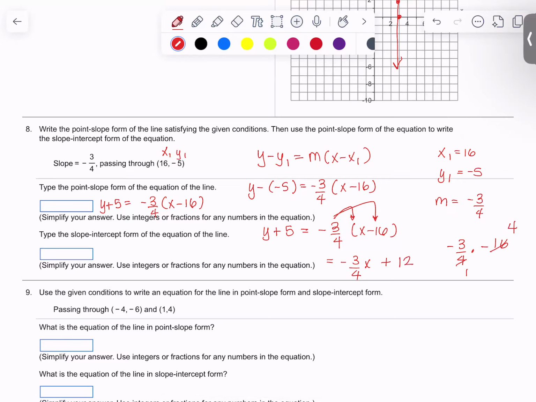So that's going to be plus 12. So y plus 5 is -3/4 x plus 12. We're going to subtract the 5 from both sides. And we get y is -3/4 times x plus 7. So that's what goes into that second field.